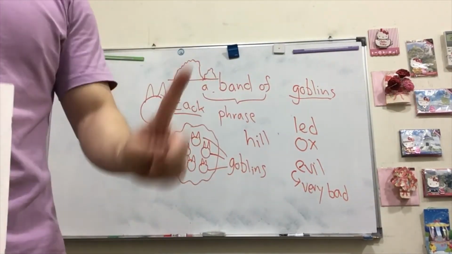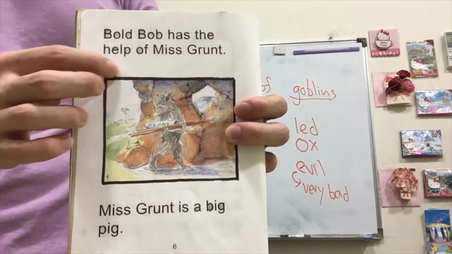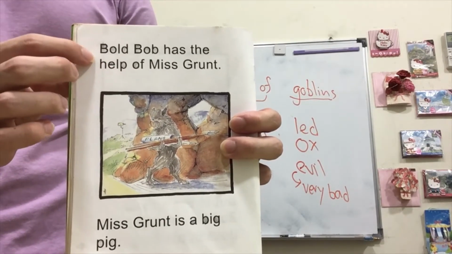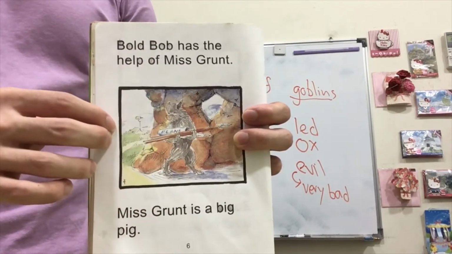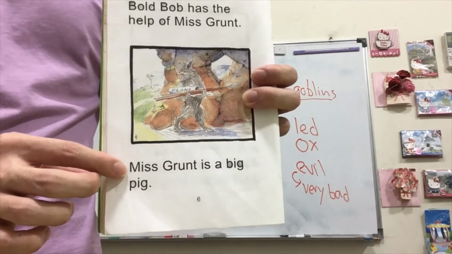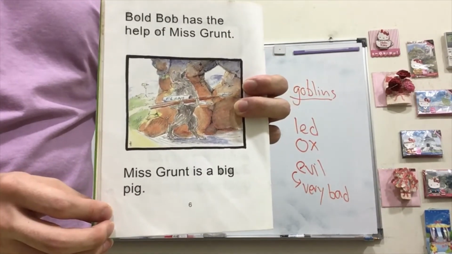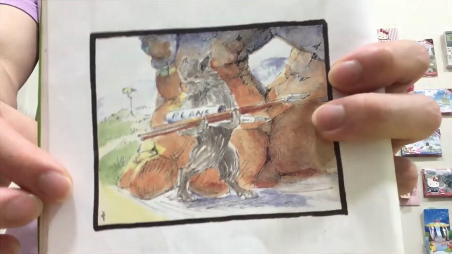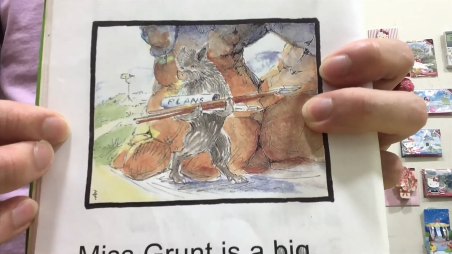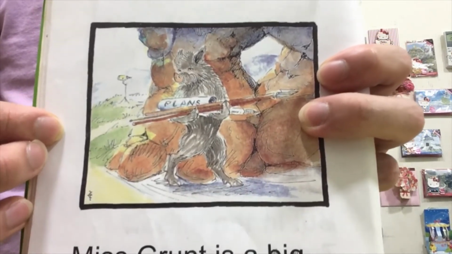So of course the elf went to ask for help, and the person to help the elf is Miss Grunt. Miss Grunt is a big pig. If you look closely at the picture, this is Miss Grunt. She's a big pig.